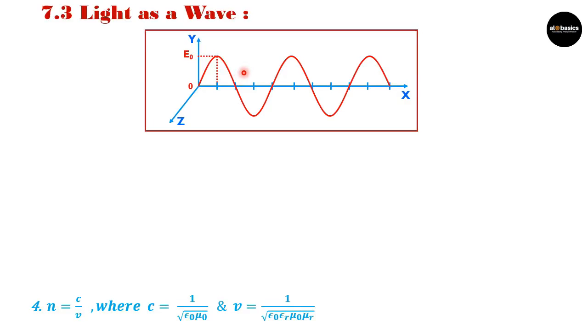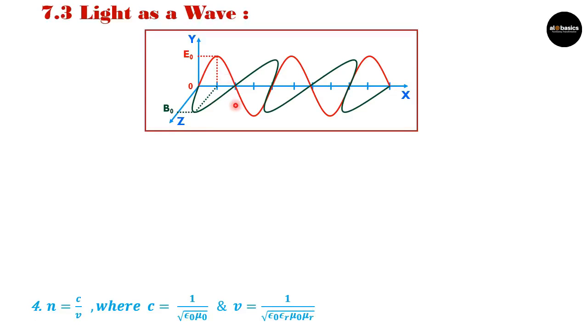Now, with this, there is an associated magnetic field also, and this magnetic field is shown in green color, and it has its amplitude B0. This magnetic field is vibrating perpendicular to the x-axis, and it is vibrating along the z-axis.